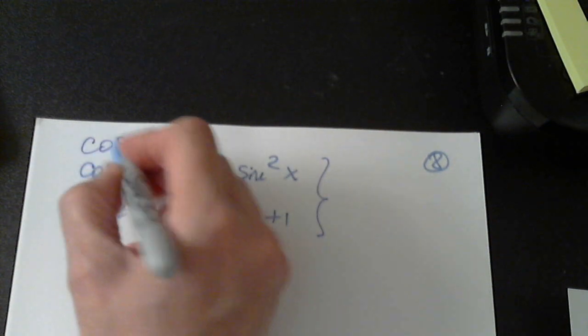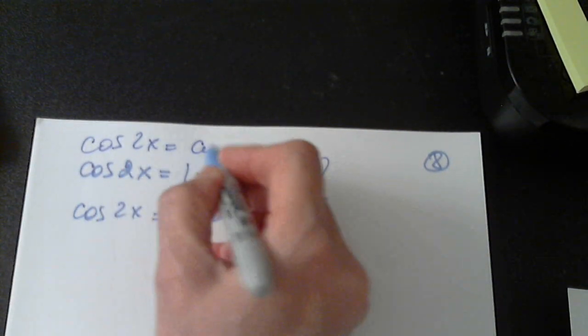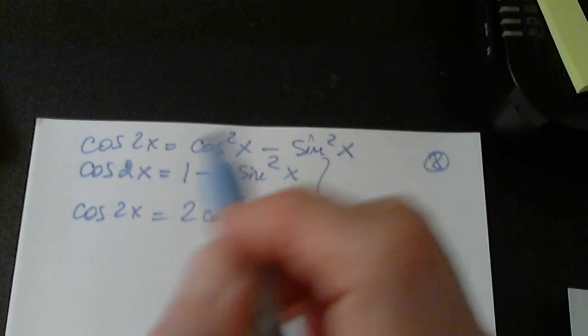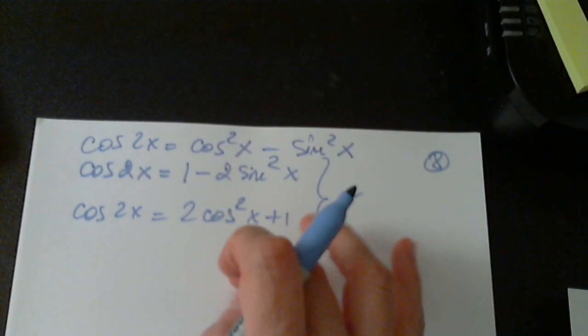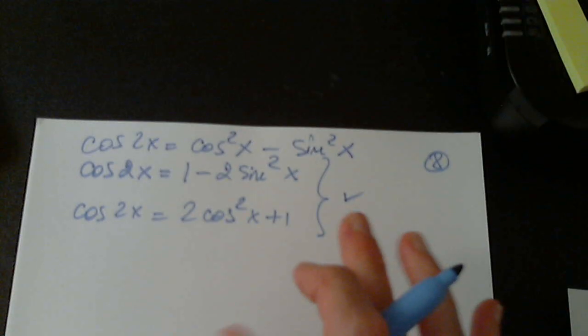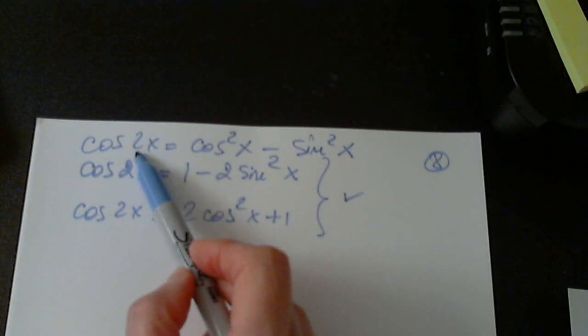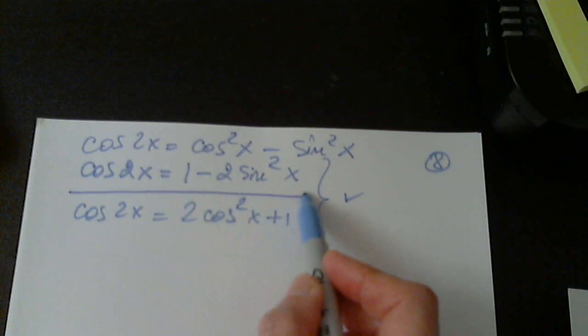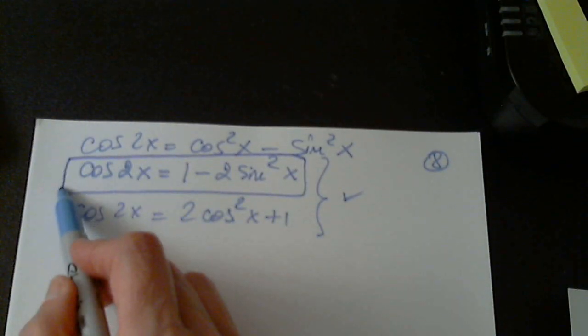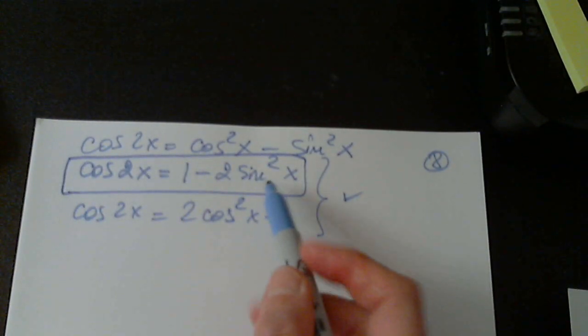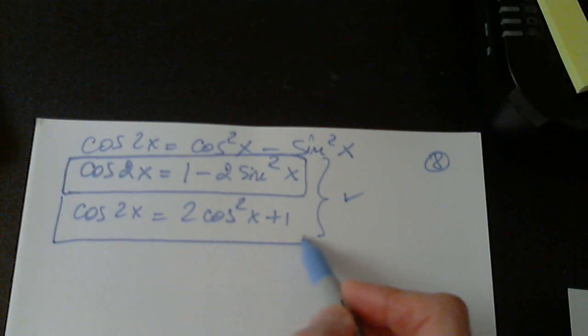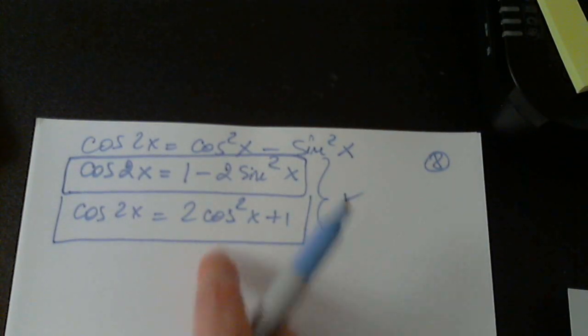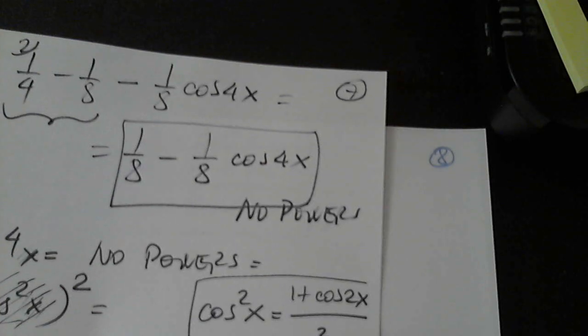Remember, they come from cosine 2x being cosine squared x minus sine squared x, and we developed these two from cosine of x plus x. Now, I am going to solve this equation for sine squared, and then I'm going to solve this equation for cosine squared. That's where these formulas are coming from.